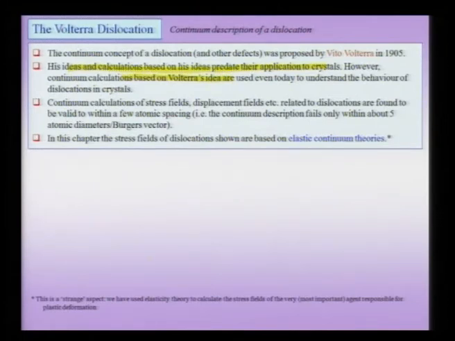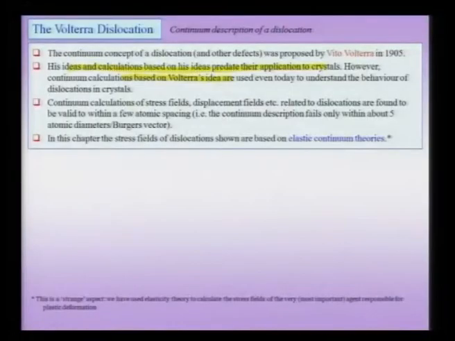So, some of the behavior of dislocations, and often the collective behavior of dislocations, is that these stress fields and displacement fields related to dislocations are found to be valid within a few atomic spacings, or to be more precise within a few Burgers vectors.